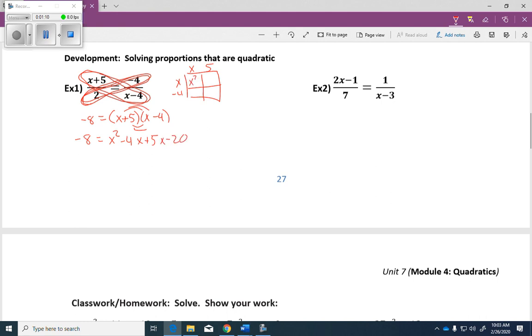And you'd get the same thing, of course, in this box method. We combine like terms and get plus 1x minus 20. Just like yesterday, we need it set equal to 0, so I'm going to add this 8 to both sides. It's all right that the 0 is on the left side instead of the right side.